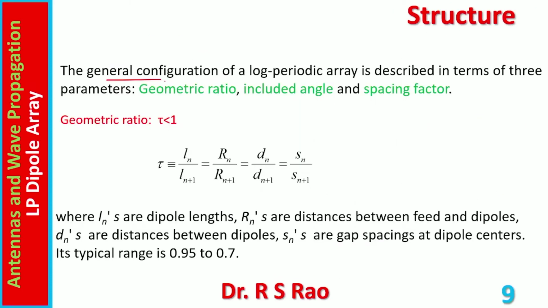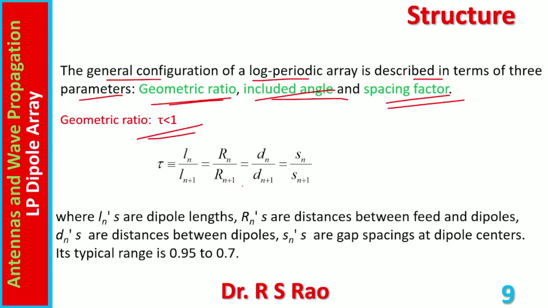The general configuration of a log periodic array is described in terms of three parameters: geometric ratio, included angle, spacing. Geometric ratio, its symbol is tau, it is always less than 1. By definition, it is the ratio ln by ln plus 1, rn by rn plus 1, dn by dn plus 1, sn by sn plus 1.